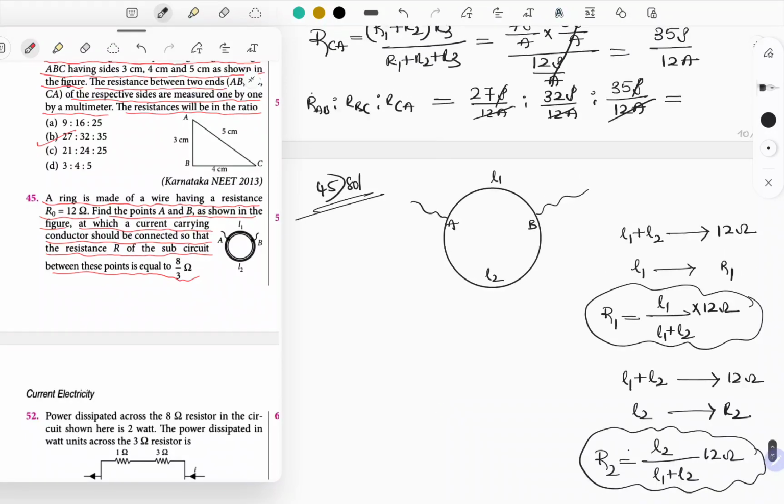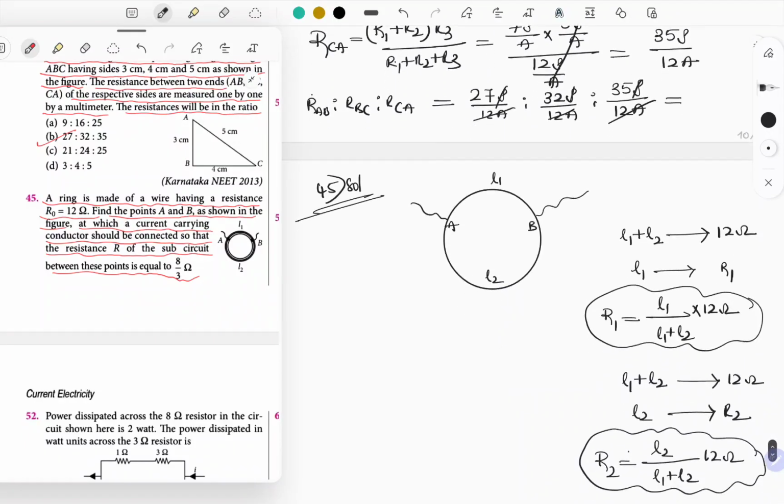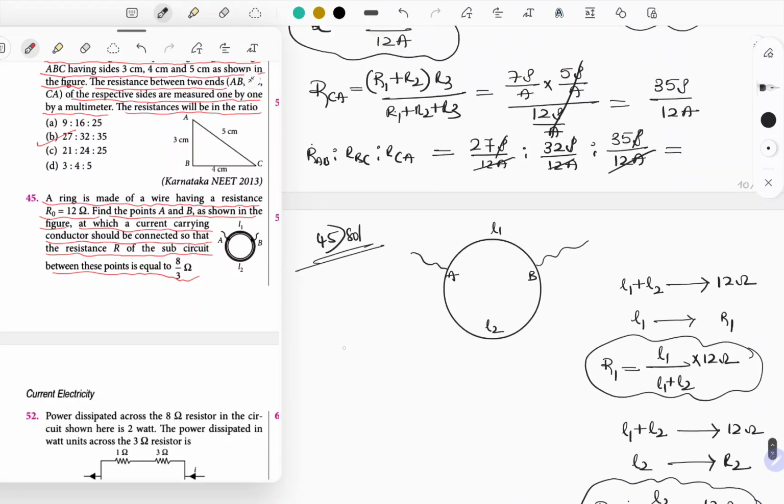The question they are asking: between A and B points, the resistance is equal to 8 by 3 ohms. The L1 length wire and L2 length wire look as if they are connected in parallel with respect to the 2 points A and B. That means R equivalent can be replaced as R1 into R2 by R1 plus R2, which is equal to 8 by 3.